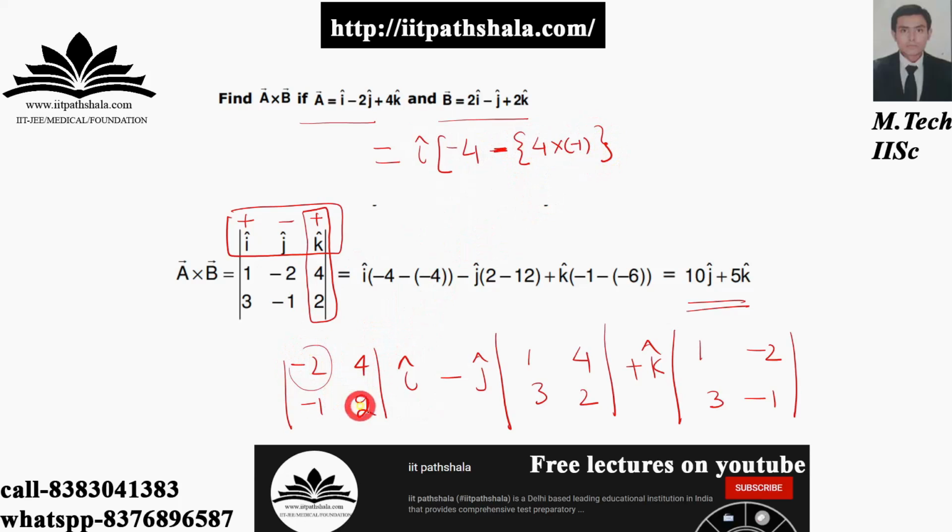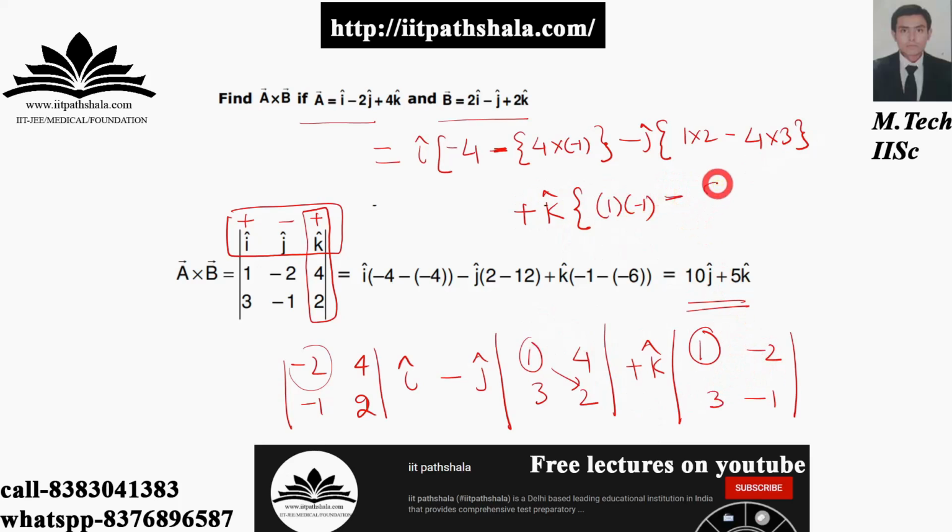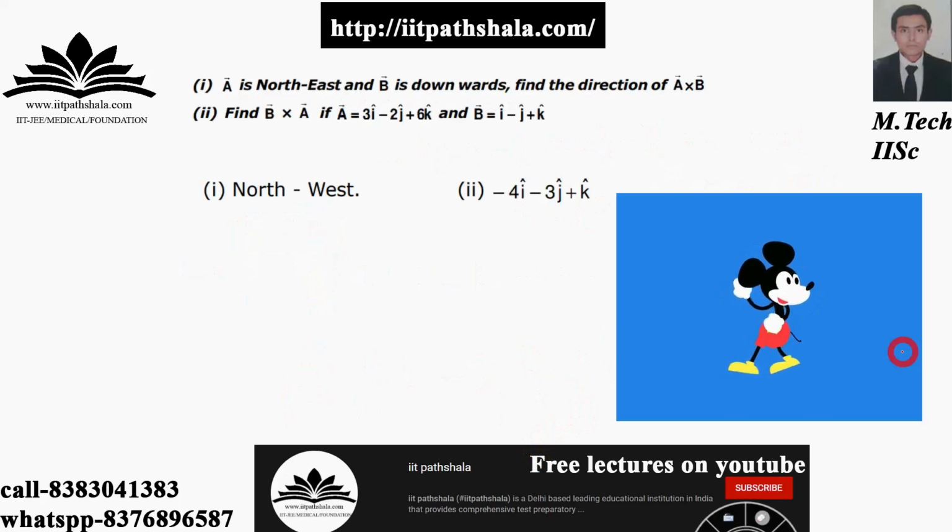Okay, so 2 -2 minus of 4 multiplied by a -1 minus j cap 1 multiply 2 and 4 multiply 3. 1 multiply 2 minus 4 multiply 3 as I've told you, plus k cap, which is 1 multiply -1 minus of -2 multiply by 3 over here, and you will be landing up with this expression over here. Okay, fine with that. You can do it by yourself. This is the question for you guys. You can solve it by yourself.